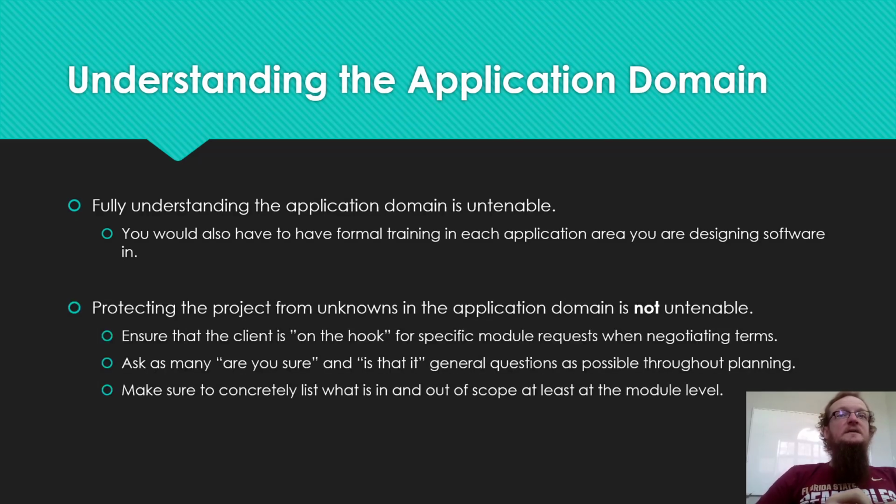What you want to do, instead of understanding what the application domain is, is protect the project from unknowns caused by your lack of understanding. And so things that you can do to make that true: you can make sure that the client understands that if a requirement is left off the list, that's a them problem and not a you problem.